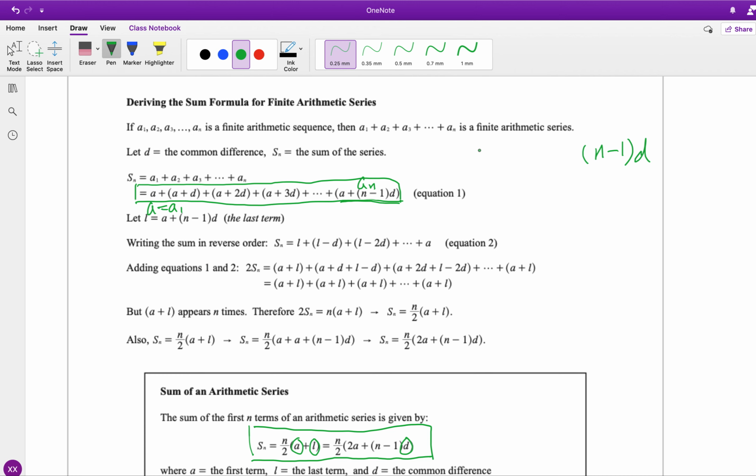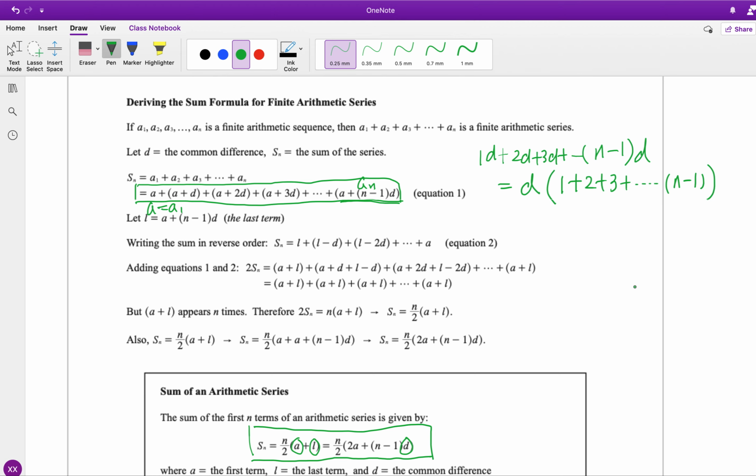So we have 1d plus 2d plus 3d, plus all the way to n minus 1 d. If I factor out the d, then I have 1 plus 2 plus 3 plus all the way to n minus 1.